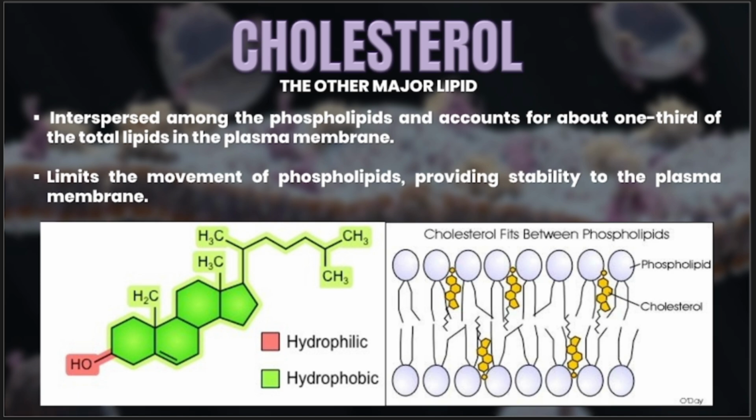Also, your cholesterol would contribute to the selective permeability of the membrane by making it less permeable to very small water-soluble molecules that might otherwise pass through more freely. At the same time, your cholesterol is involved in the formation of lipid rafts. Lipid rafts are specialized microdomains within the plasma membrane that organize cell signaling and molecules. So those are the different functions of your cholesterol.